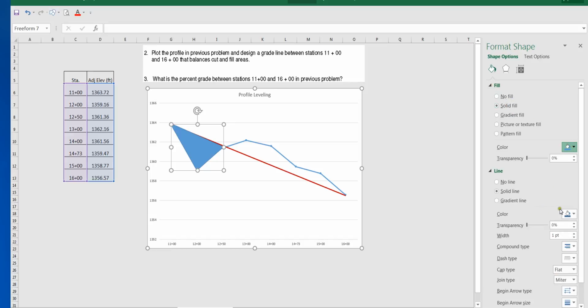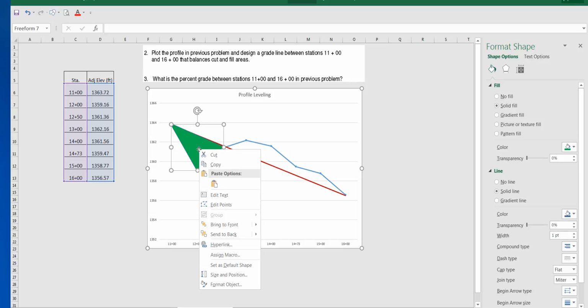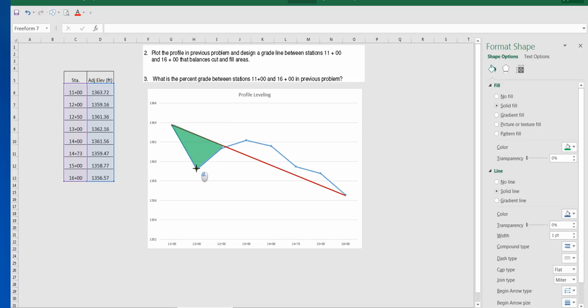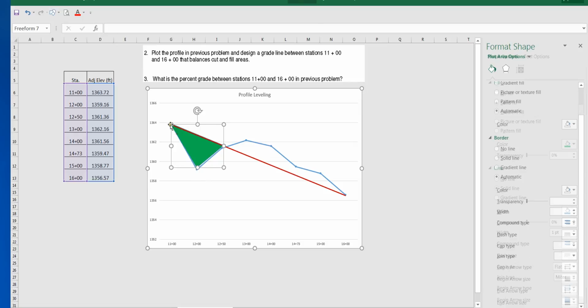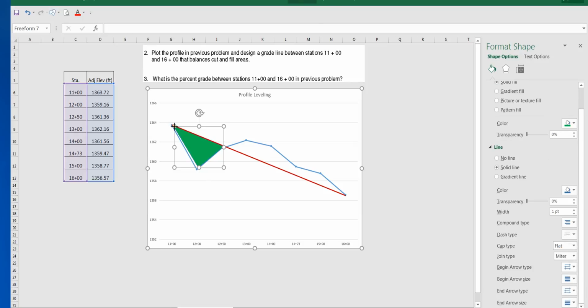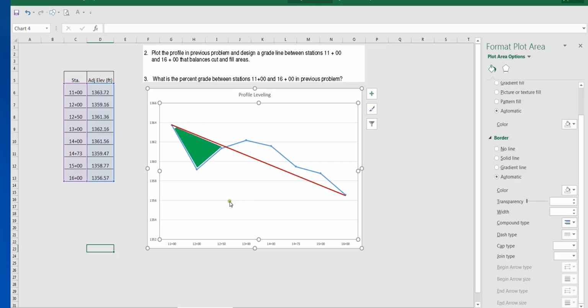And I'm going to do green. Send to the back. So that means what I've shown you in green is the area that needs to be filled. Okay? If the natural ground is blue and the red is a proposed grade line, then I need to fill the green area. Okay? Green is fill.